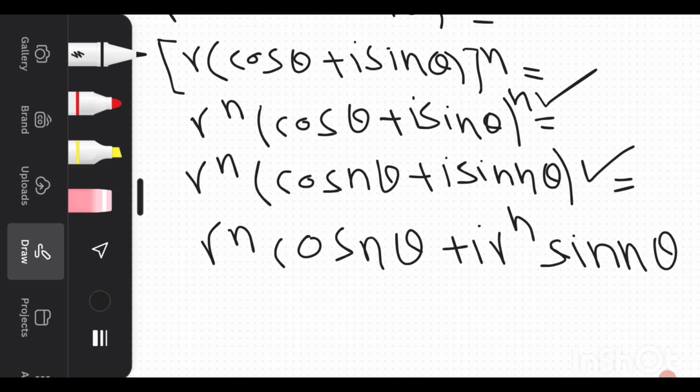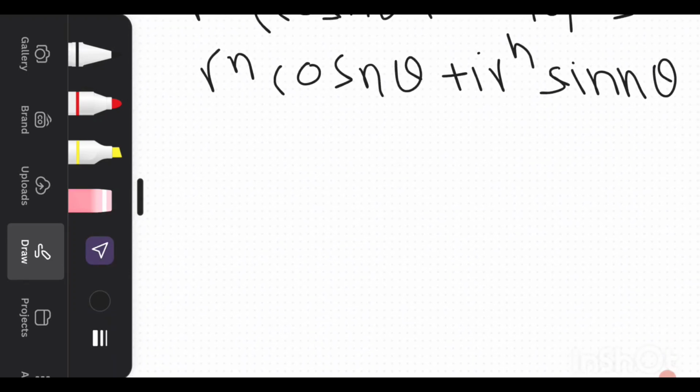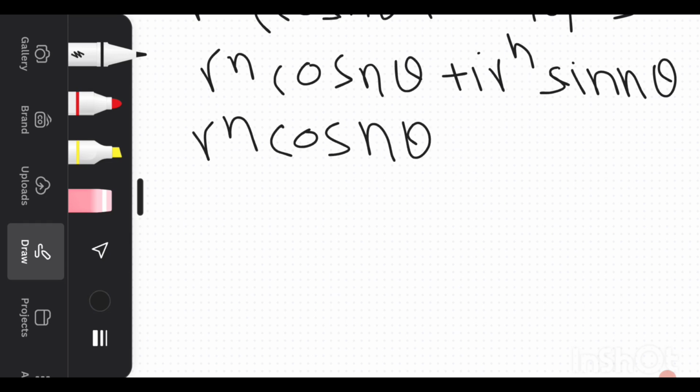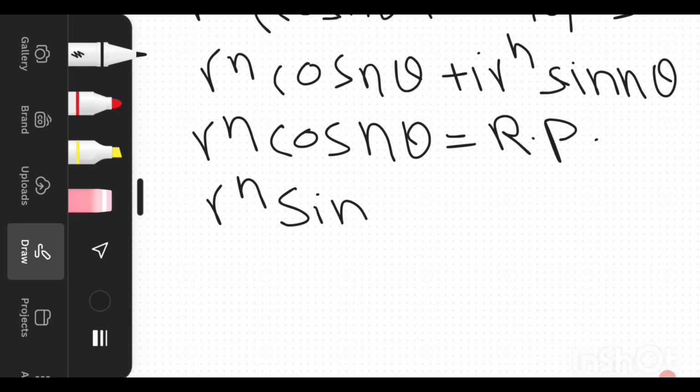Thus r power n cos n theta and r power n sin n theta are respectively the real and imaginary parts of the equation. Now r power n cos n theta, because it does not have iota, is the real part of the equation, and r power n sin n theta is basically the imaginary part of the equation.